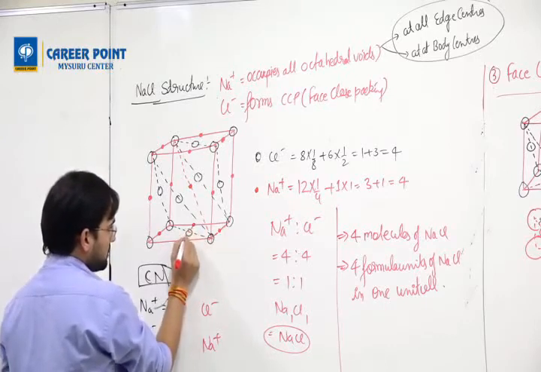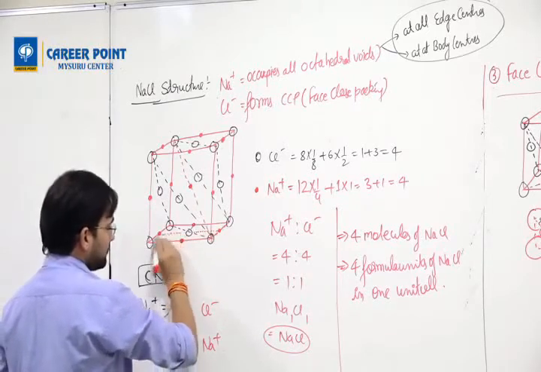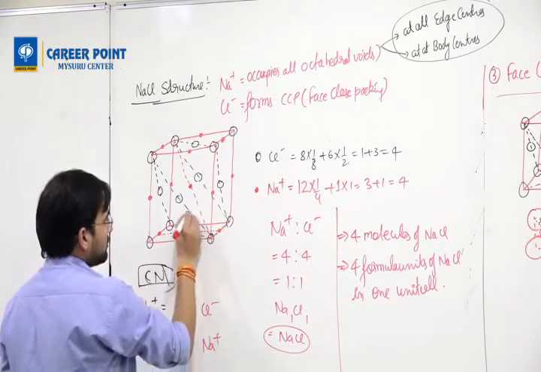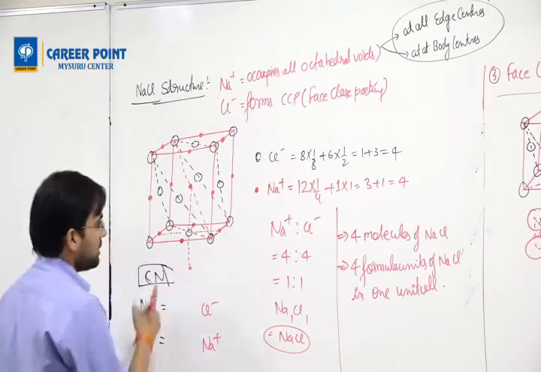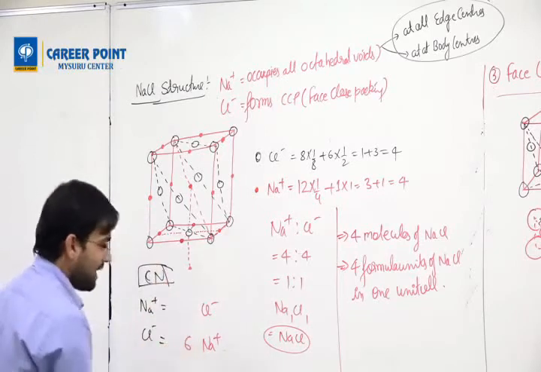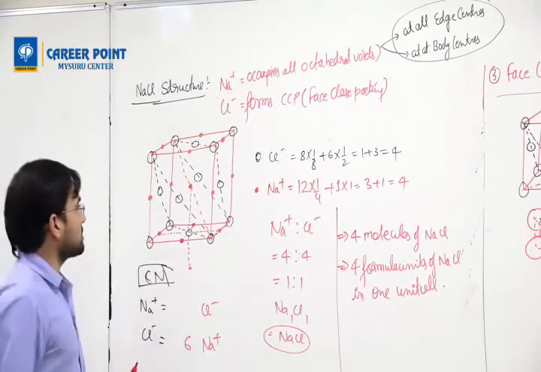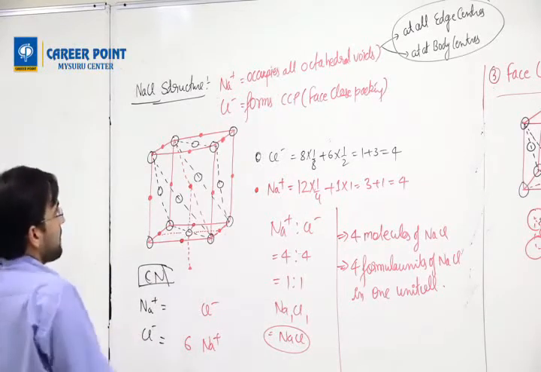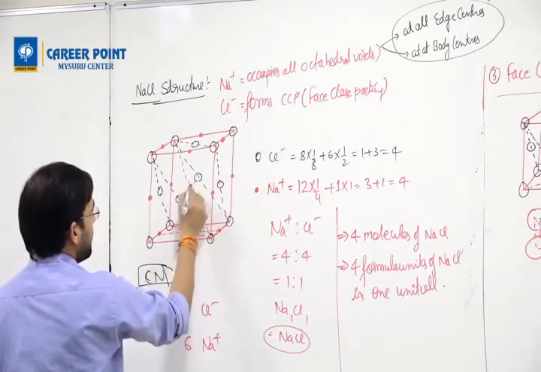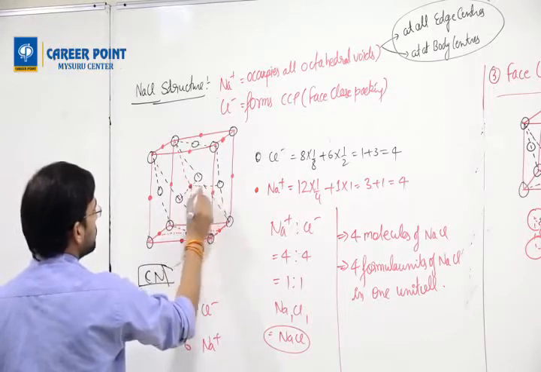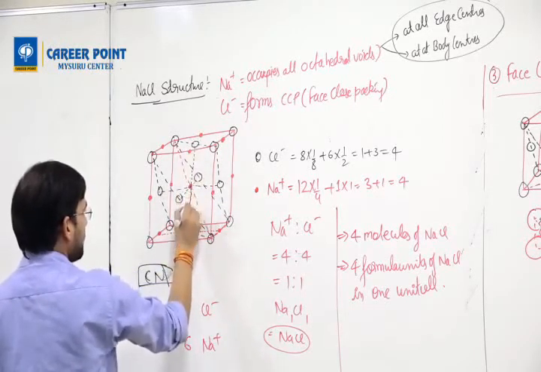So 1, 2, 3, 4, 5, 6, taking another unit cell. So for Cl minus, there are 6 Na plus surrounding. Now let's look at Na plus. This is an Na plus: 1, 2, 3, 4, 5 and 6.